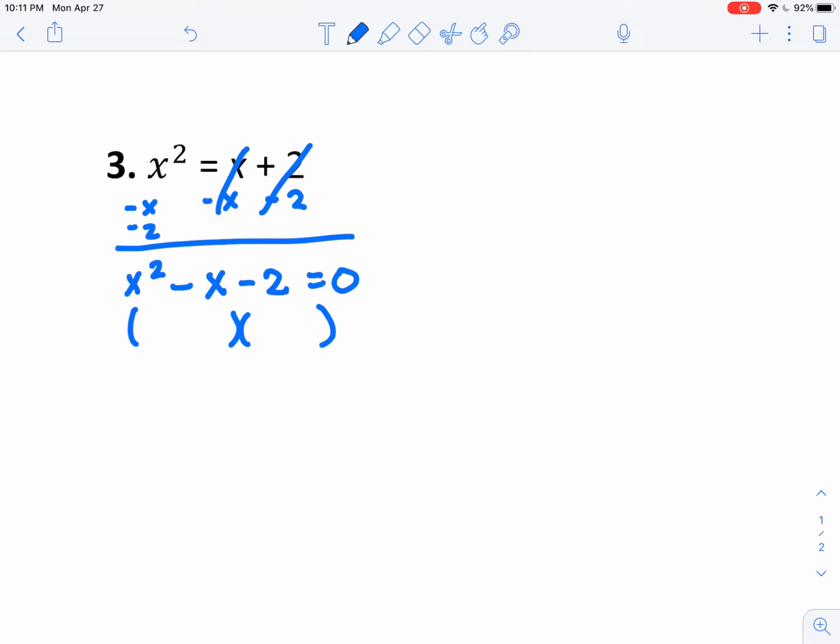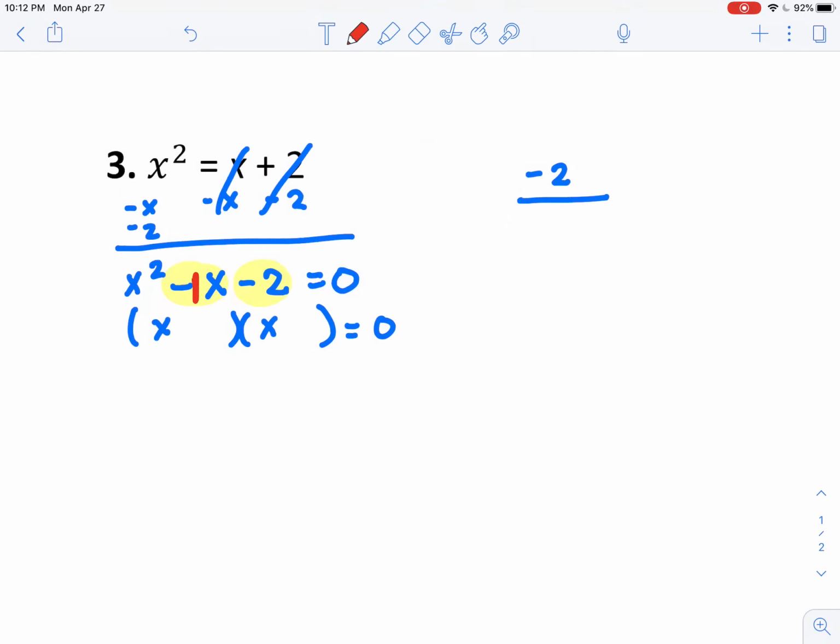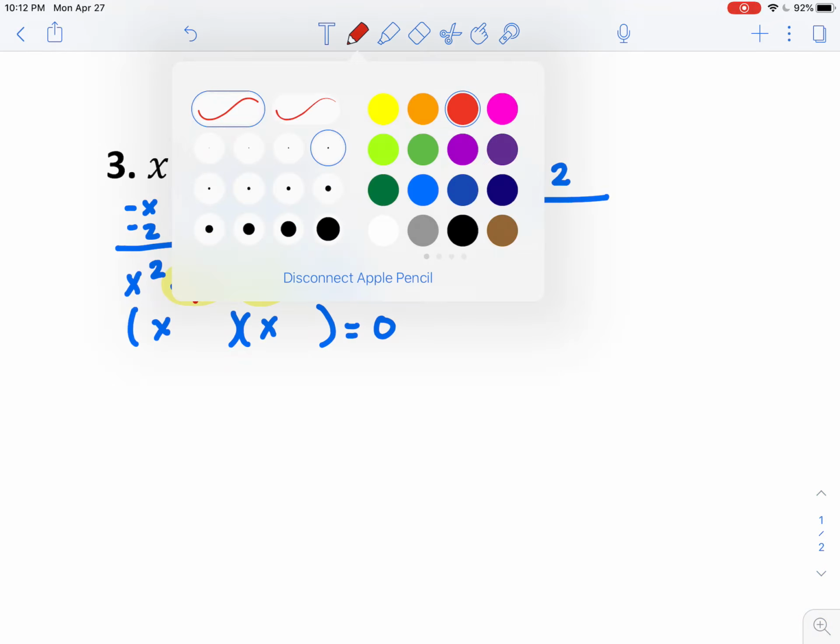Now I can factor, make the 2 parentheses. X goes at the beginning of each. Then I need to figure out 2 numbers that multiply to -2, but add to -1. Remember, even though we don't see it, we know that there's a 1 in front of this x.